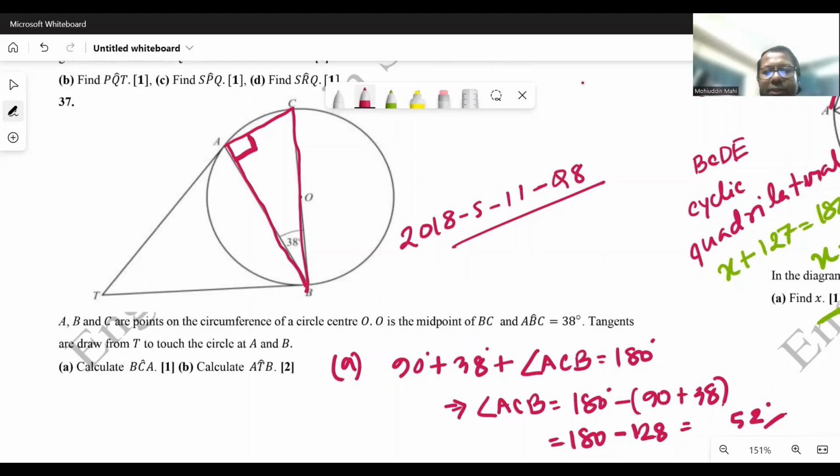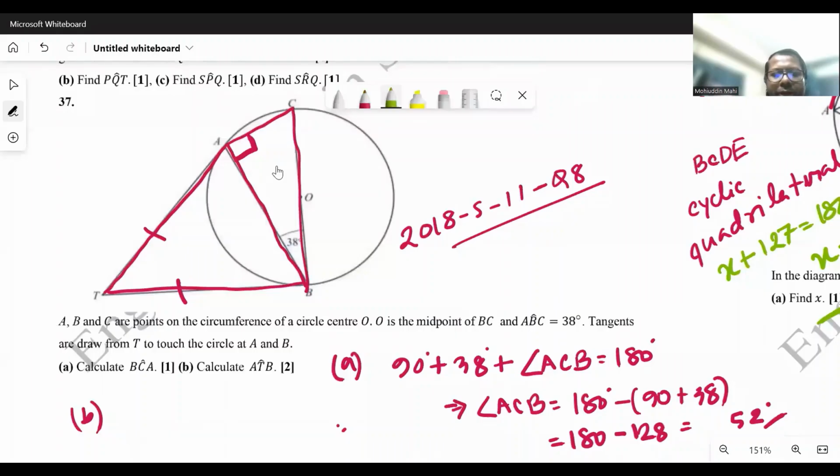Next, we need to find angle ATB. Now again, there are two tangents TA and TB. They're supposed to be equal. So triangle ABT is an isosceles triangle. Now here, this angle is 90 degrees.